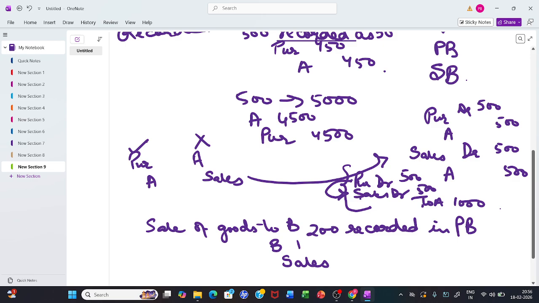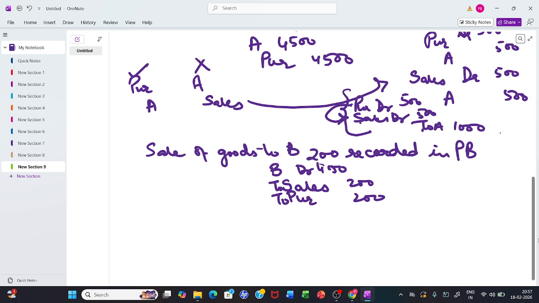So what you do to sales, do the same to purchase also. So 400, 200, 200. Now next example for this could be purchase return, sales return. Purchase return to A 100 recorded in sales return.